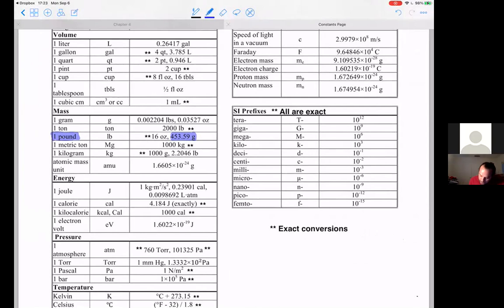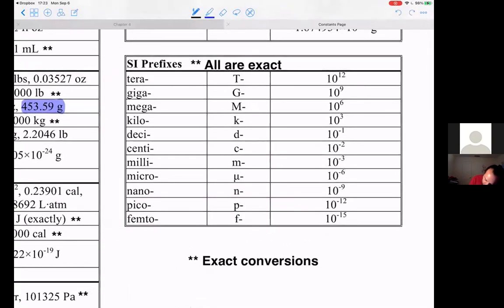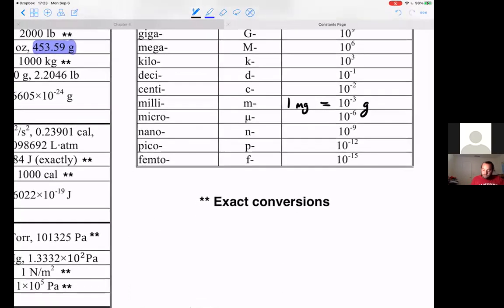In order to get to grams, I'm going to have to use this factor right here. And remember, what is my table saying? My table is saying that 1 milligram is equal to 10 to the negative 3 grams.